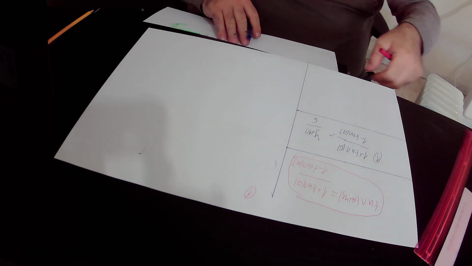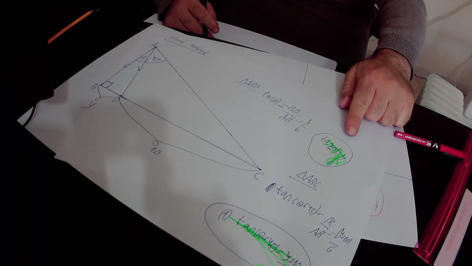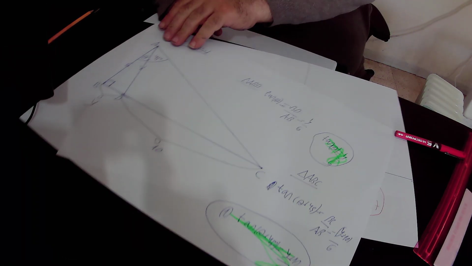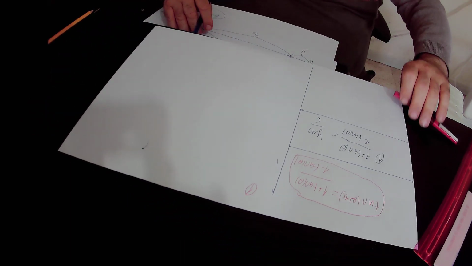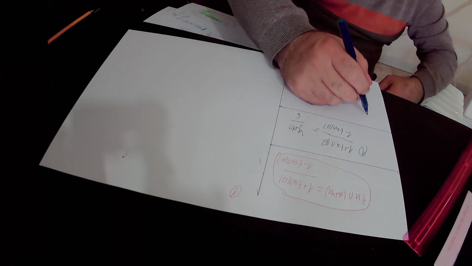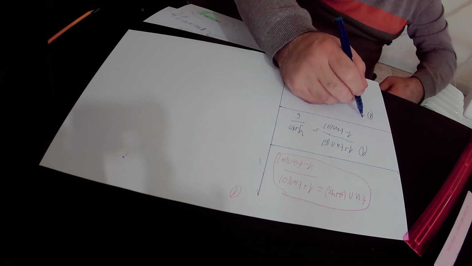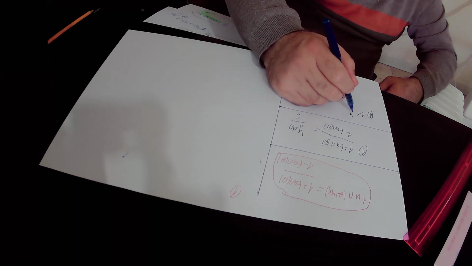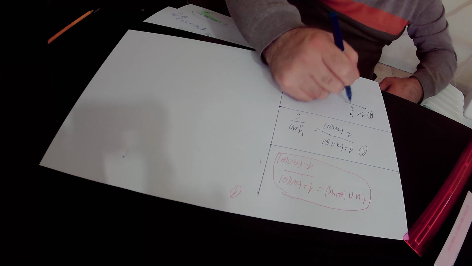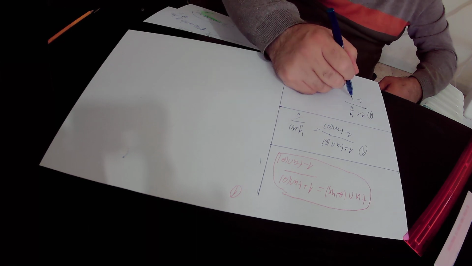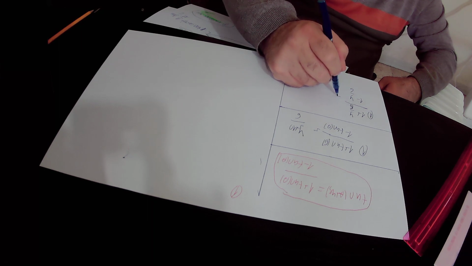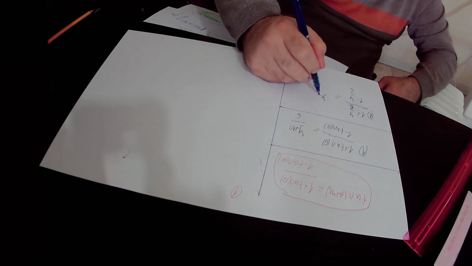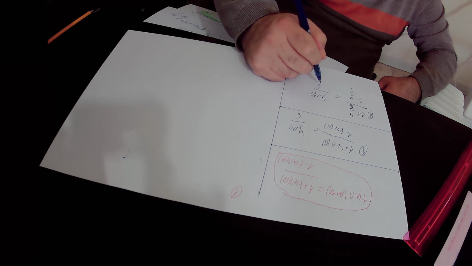But we have already found out that tangent theta is equal to y over 6. So we substitute tangent theta in this equation by y over 6. And we get that 1 plus y over 6 over 1 minus y over 6 is equal to y plus 10 over 6.